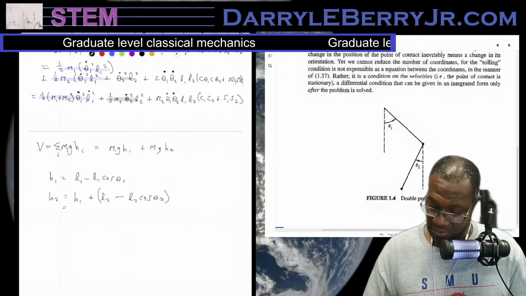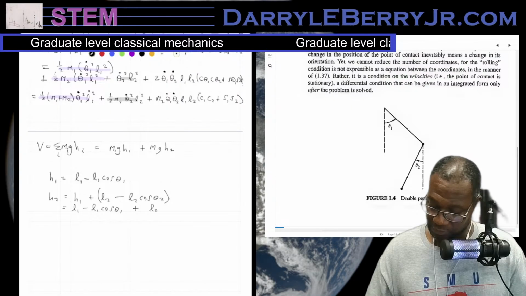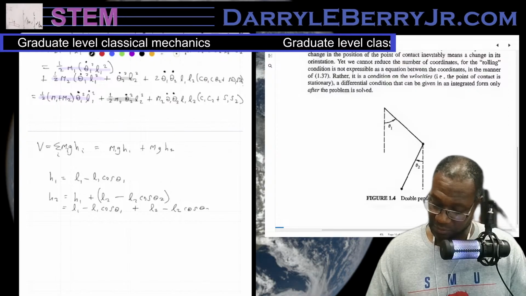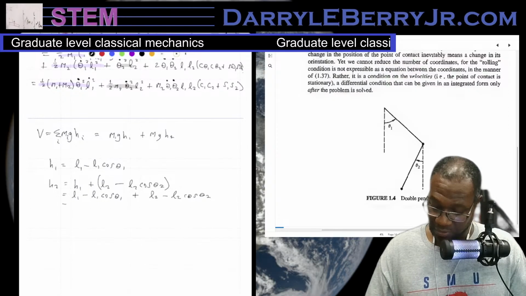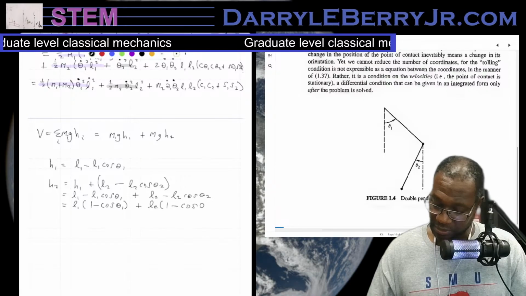So this should be L1 minus L1 cosine theta 1 plus L2 minus L2 cosine theta 2. So this is going to be L1 times 1 minus cosine theta 1 plus L2 times 1 minus cosine theta 2.